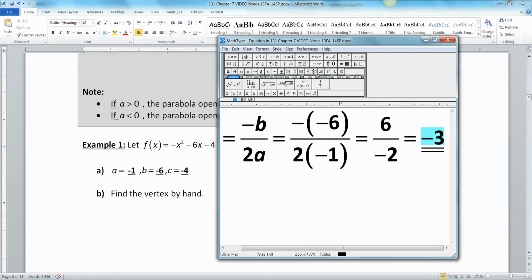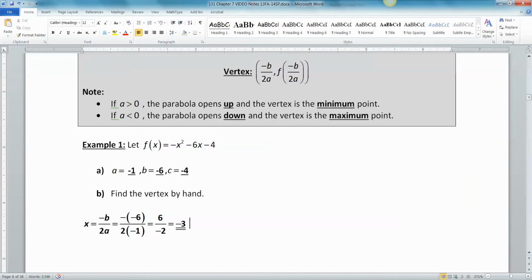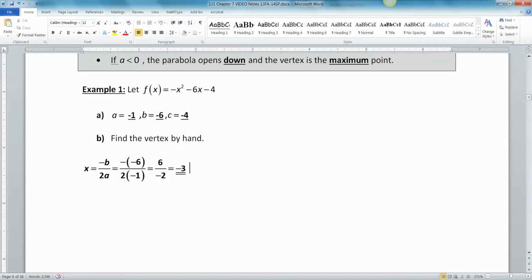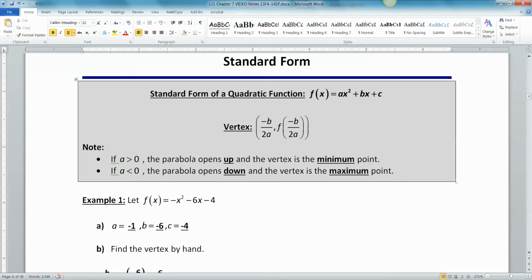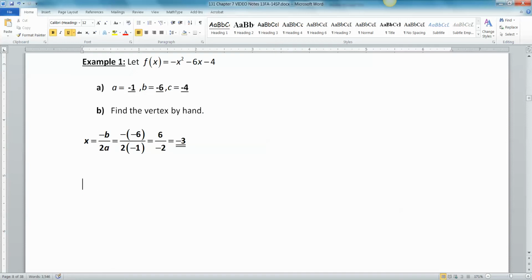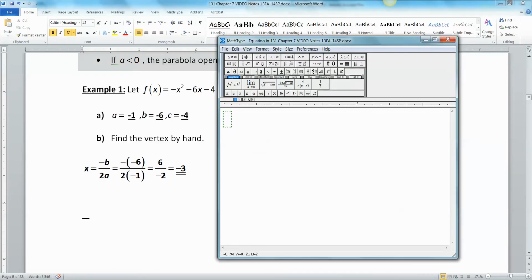But a vertex is a point. So it's not enough just to have the x value. You need the y value that goes with it. So to find the y value, you're going to have to take negative b over 2a and plug it back into the function f. Okay, so we're going to take our negative 3, and we're going to find f of negative 3. That'll be our y. Let me put it over here.